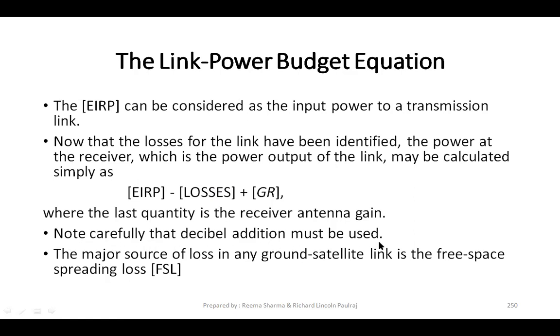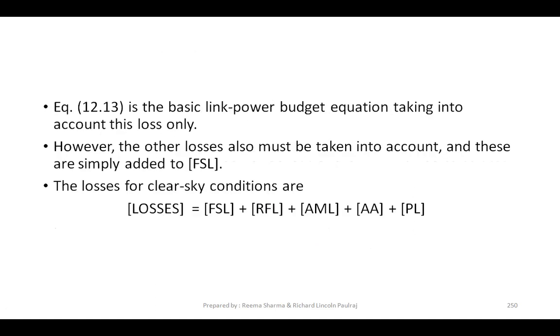Decibel addition must be used, so that's why you see all are put in the same units. The major source of loss in any ground satellite link is the free space spreading loss. So FSL, free space loss, is one of the major losses. As we keep looking at this information, we can also see that these formulas are adding up.